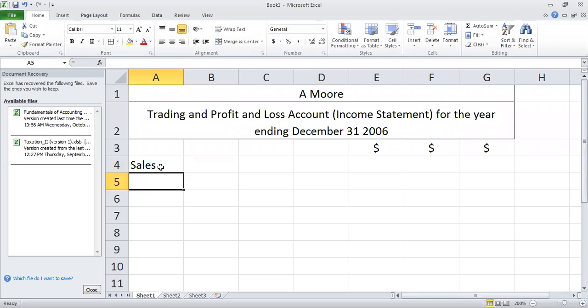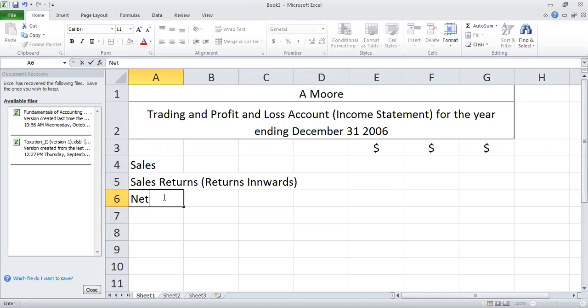And normally, you would also have what? Sales returns, right? Yes. But we don't have any, but normally you have that. And notice that sales returns is the same thing as what? Returns inwards, yeah? Okay. So in this case now, and then after that, we get what? Your net sales, do your calculation.